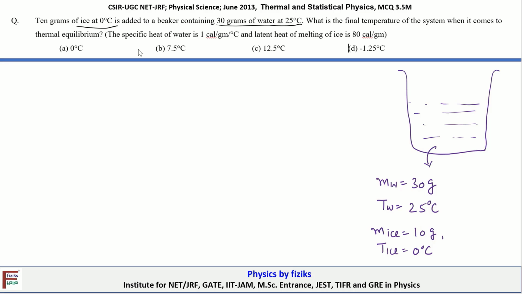Also the latent heat of fusion, or melting of ice, is given to be 80 calorie per gram. And for water the specific heat, that's the heat capacity divided by the mass, is equal to 1 calorie per gram per degree Celsius.